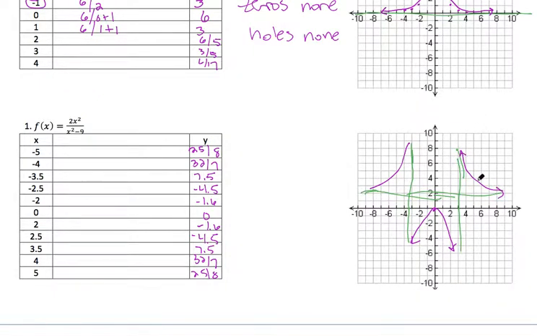So I'm not making a list, but you should make sure that you have a horizontal asymptote at y equals 2, a vertical asymptote at x equals -3 and at x equals 3, and a 0 at 0.